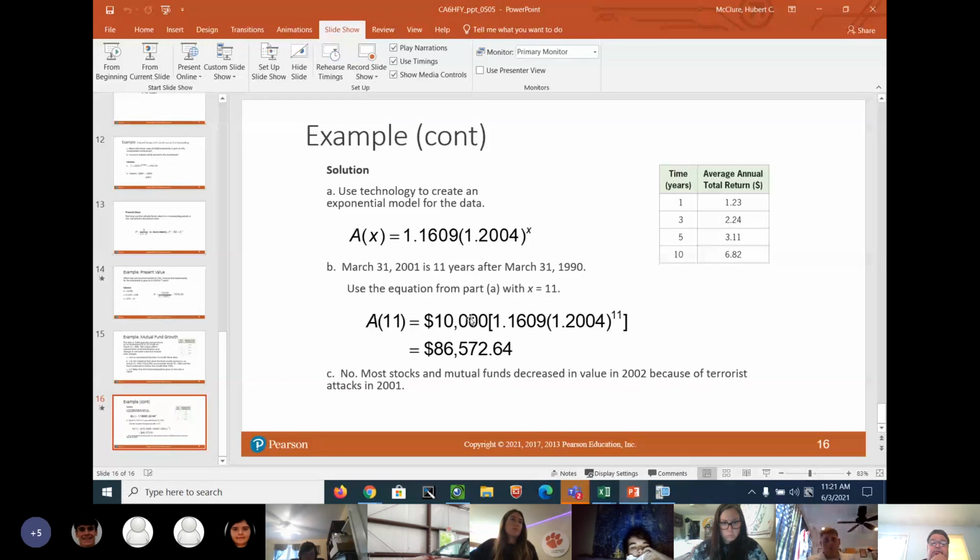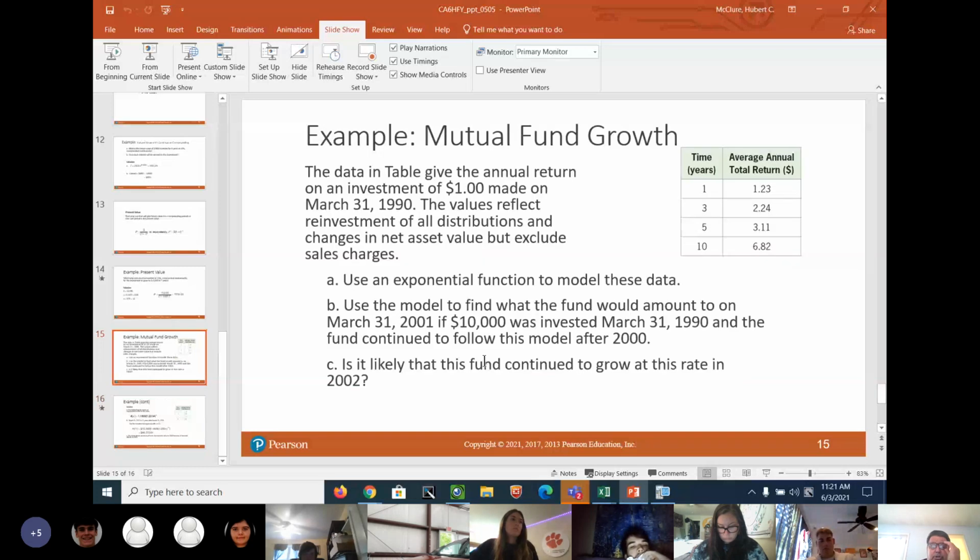Still wouldn't get the same answer. I'm reading the question. Hold on. Use the model to find, oh, there's the 10,000 right there. Use the model to find what the fund would amount to on March 31st if 10,000 was invested, and the fund continued to follow this model after 2011.